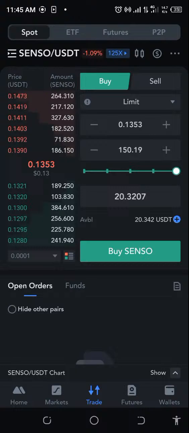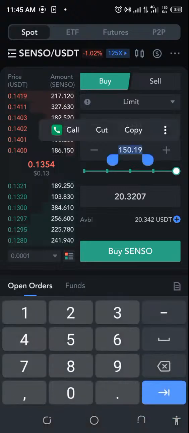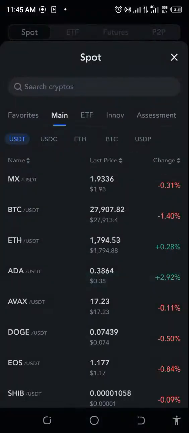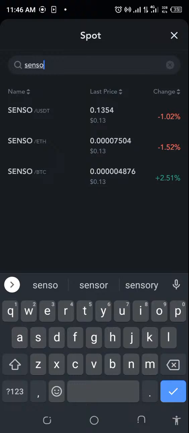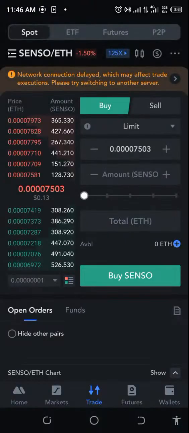You can see now it's gone down to 150.19. Let me copy this, cut that, and then go to Senso ETH. Senso ETH is supposed to give us what? We're supposed to sell to Senso ETH.